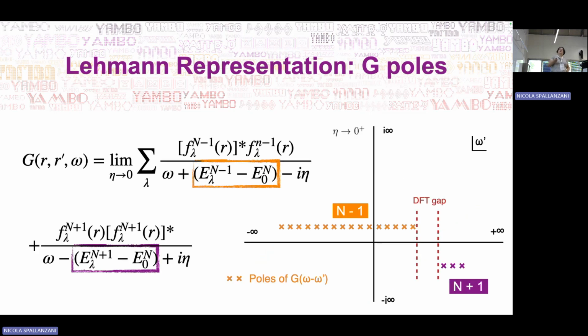And if we look closer at the structure of this Green function, when the Green function gets to a frequency or to an energy that is equal to this difference, the denominator is 0.